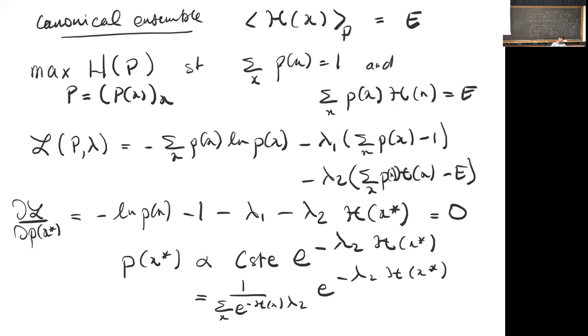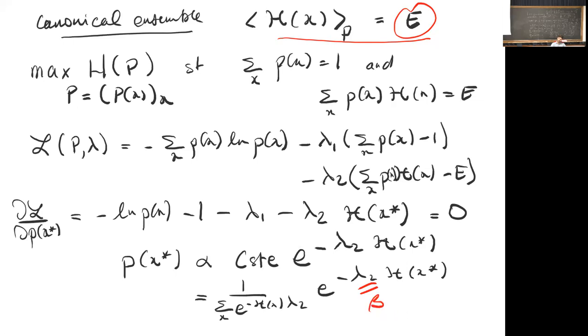And therefore, this second Lagrange multiplier, I would need to find its value in order to fix this constraint. But this E that I wrote is generic. We don't care, it's not a specific value. There is some value of lambda 2 such that, if I find it, there is a lambda 2 of E that exists and that fixes the average energy to E. And therefore, this lambda 2 is what?